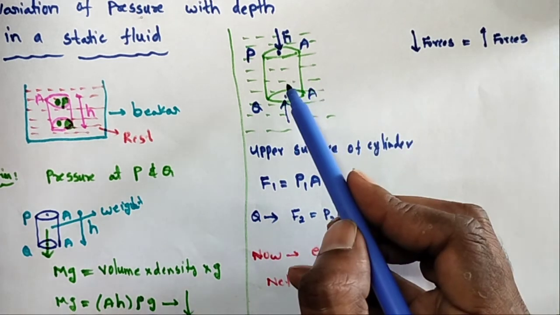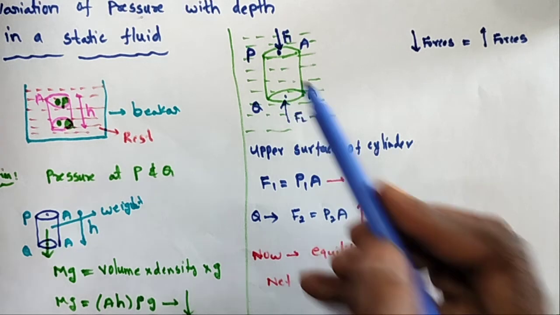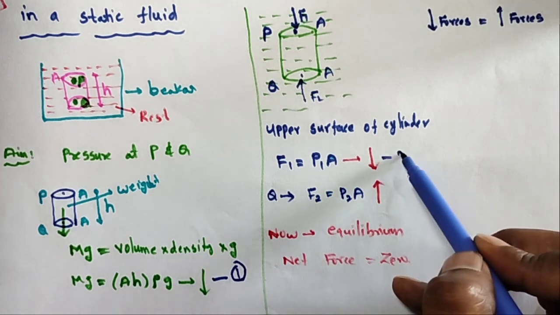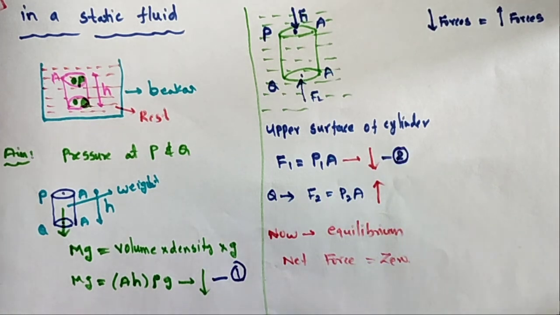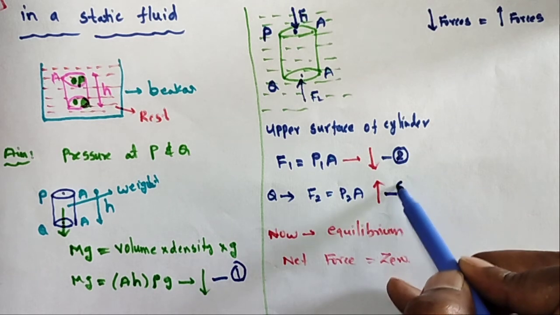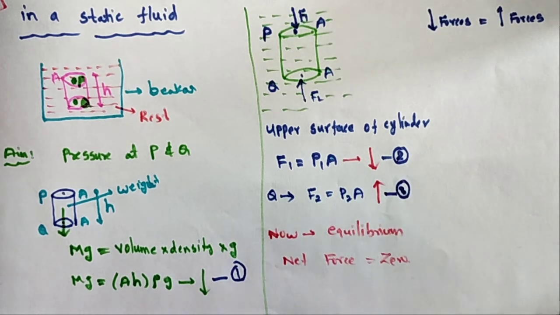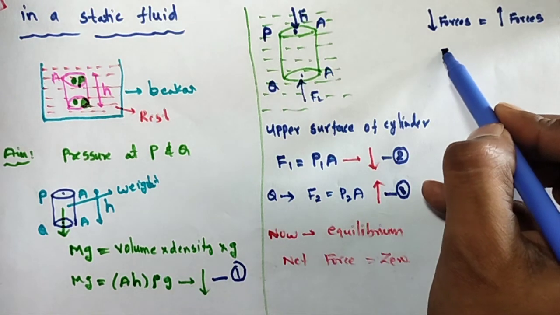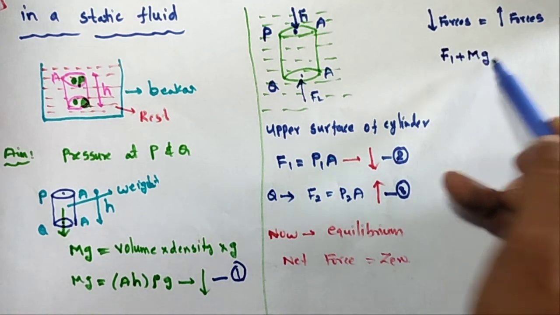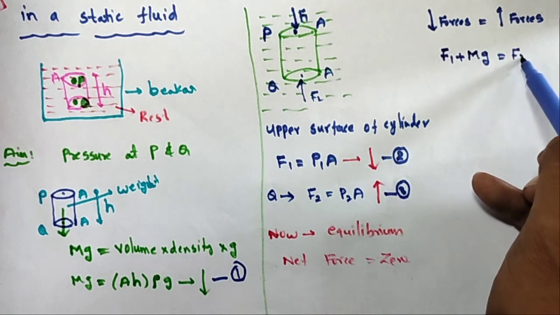But in this case, how many downward forces are there? One is the weight, equation number 1, and equation number 2; both are downward forces. And equation number 3 is the upward force. Therefore F1 plus mg is equal to F2.